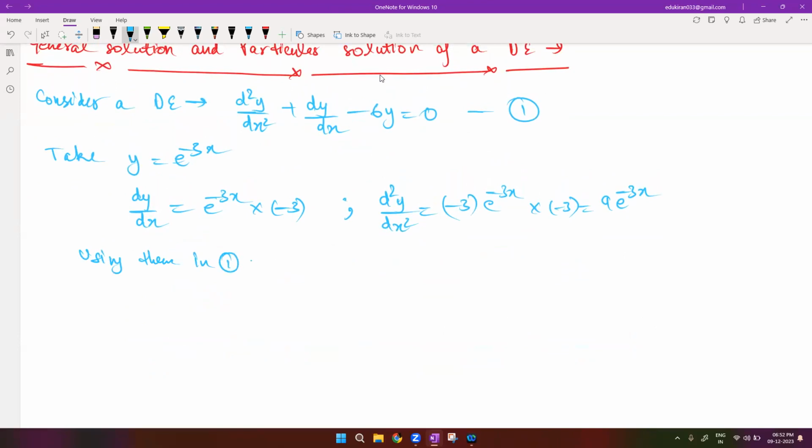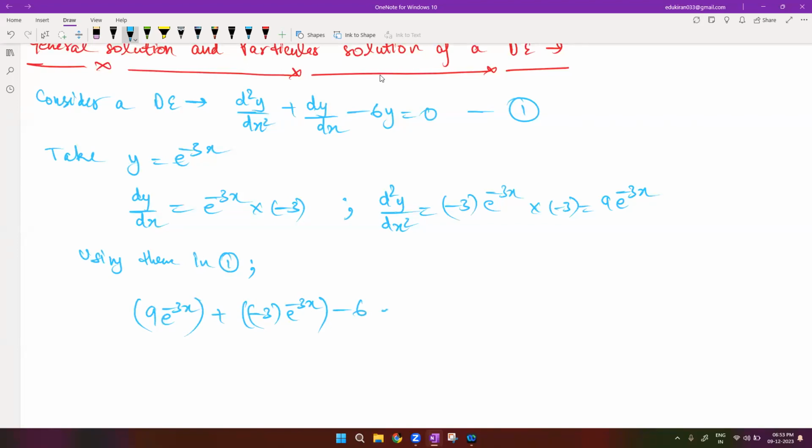Using them in the first one, in place of d2y by dx square, I can put 9 e to the power minus 3x, plus dy by dx, so plus minus 3 into e to the power minus 3x, minus 6y.